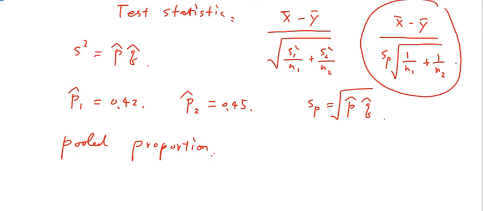So this pooled proportion P, we just put P hat. We put these two candidates together and check how many people like them. Totally, we check 3,000 people, right?